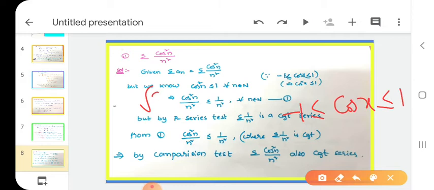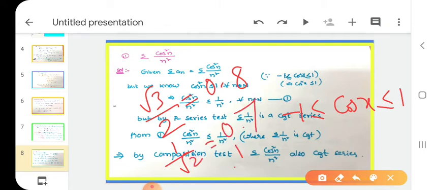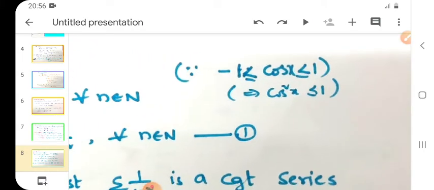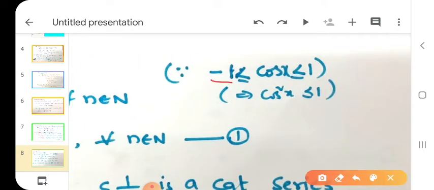Cos 30 is root 3 by 2, that means 0.8 something. What is the value of 1 by root 2? That is 0.7 something. What is cos 60? 1 by 2, that means 0.5. That means for any angle, the value of cos x and sin x lies between -1 and 1 only. So I write -1 less than or equal to cos x less than or equal to 1.